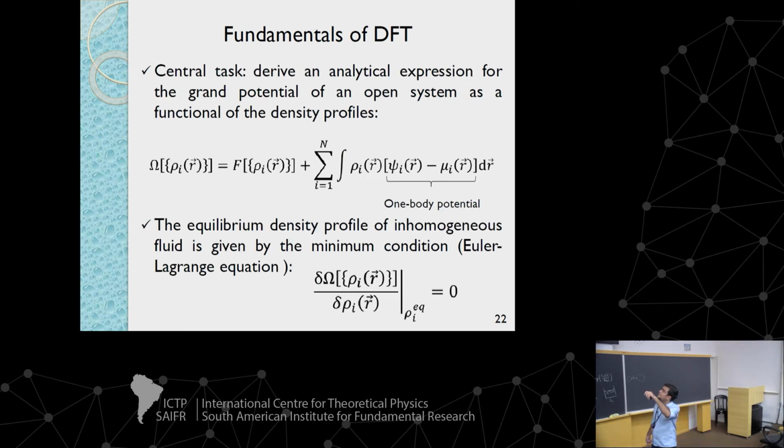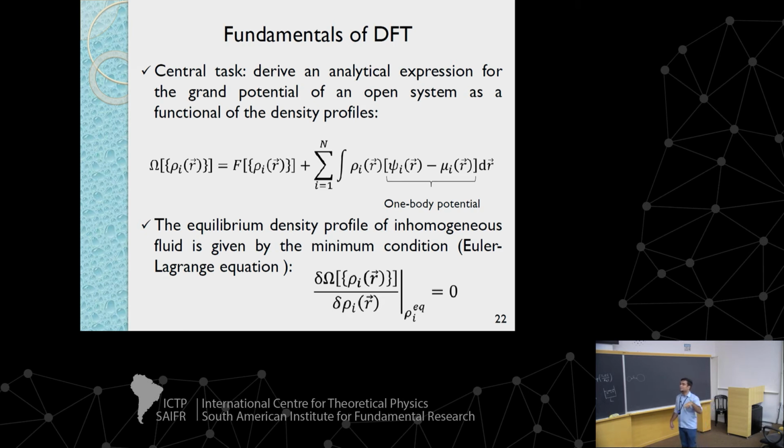So this is the Legendre transformation that links the grand potential with the Helmholtz free energy. And here we have the density profile and the external potential and chemical potential. And this difference gives the so-called one-body potential. Okay?